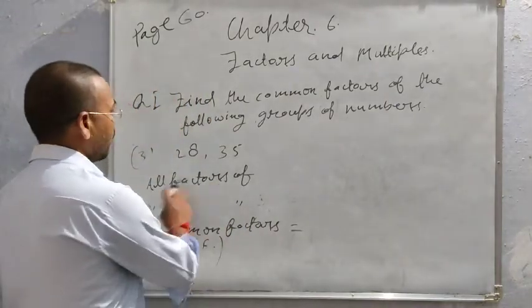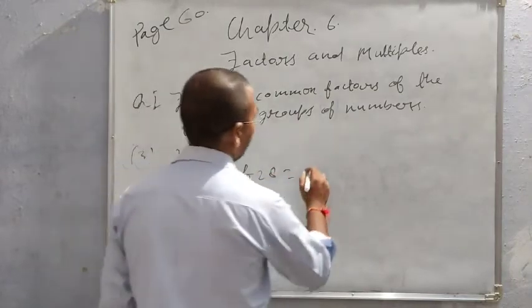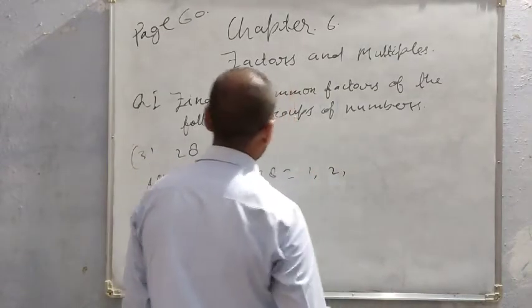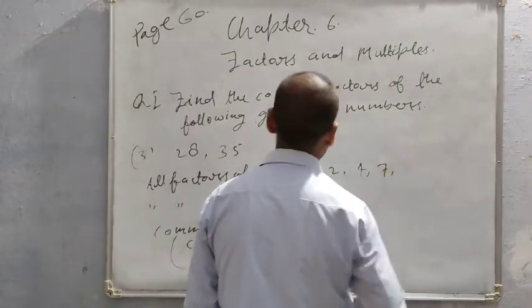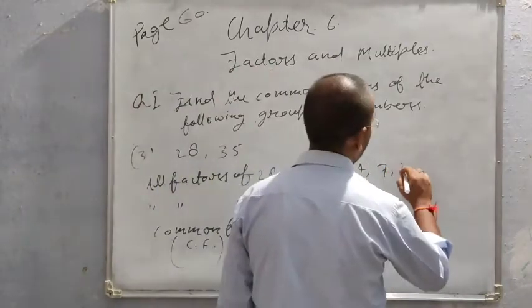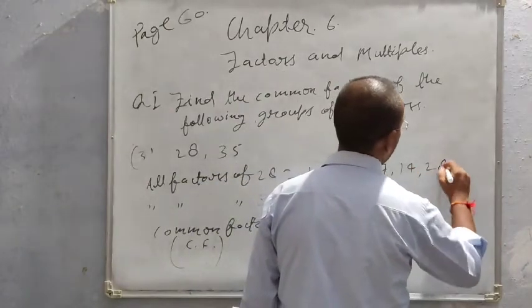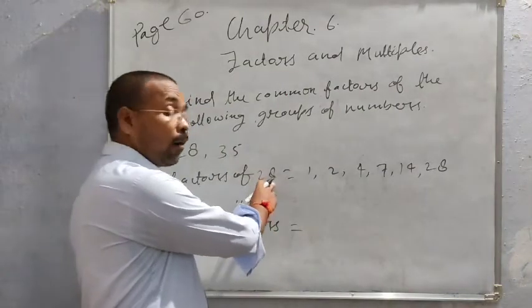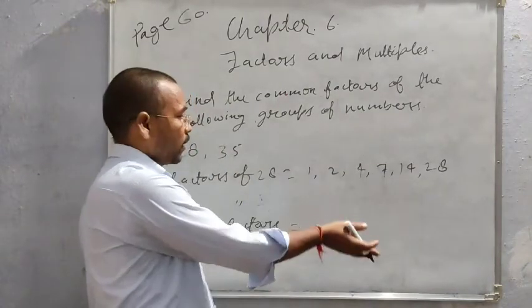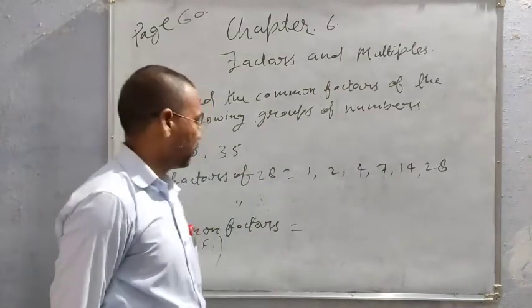So you have to write all factors of 28: 1, 2, 4, 7, 14 and 28. You know that the smallest factor of any number is 1 and the highest factor is the number itself, 28, and in between you can check.